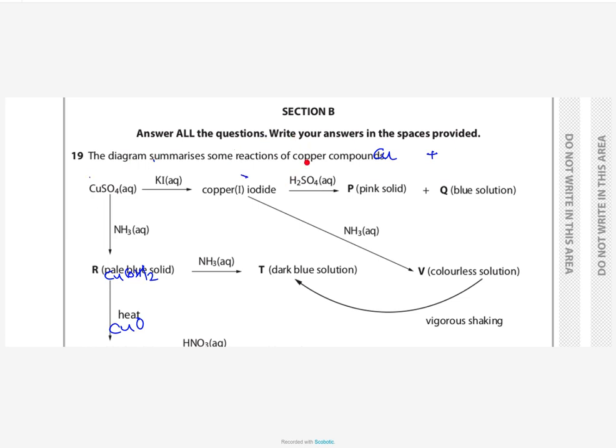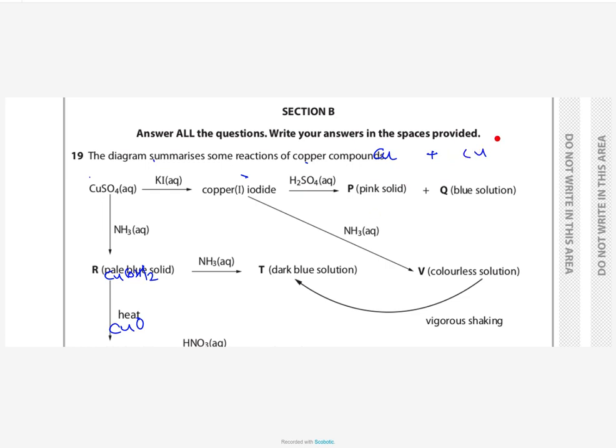Well, sulfuric acid will convert the copper 1 iodide into copper. The pink solid is copper. The blue solution should contain copper 2 plus ions, so it's hexaaqua copper 2 plus ions.